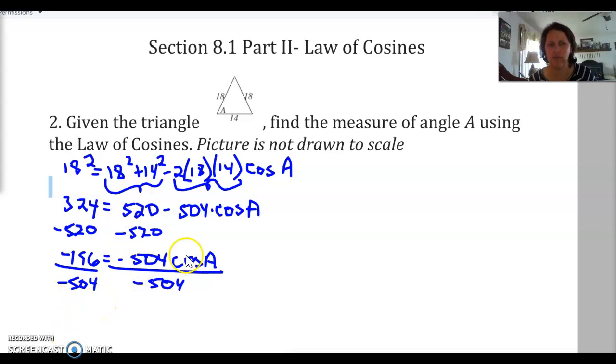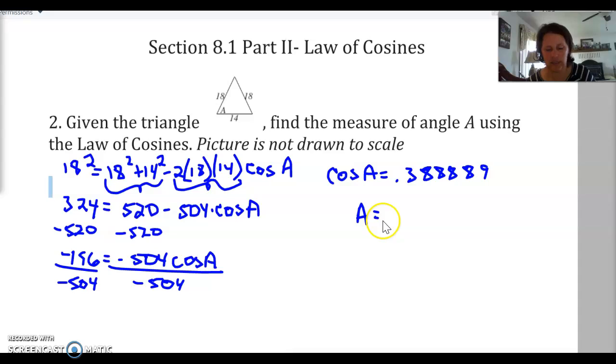It's really easy to make just a few algebra mistakes in there that are going to throw you way off. So we end up with a cosine of A is equal to 0.388889. And take the arc cosine of that, make sure that you're in degrees, and the arc cosine of that is going to be 67.115 degrees. And then you're done.